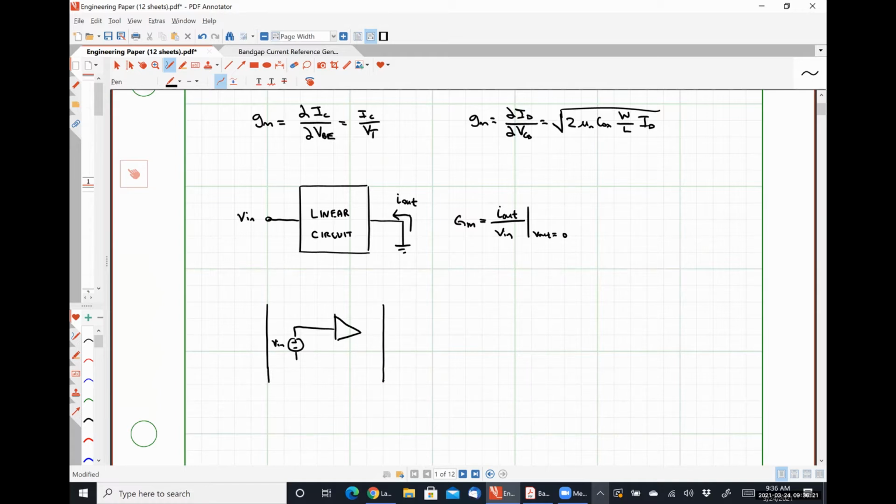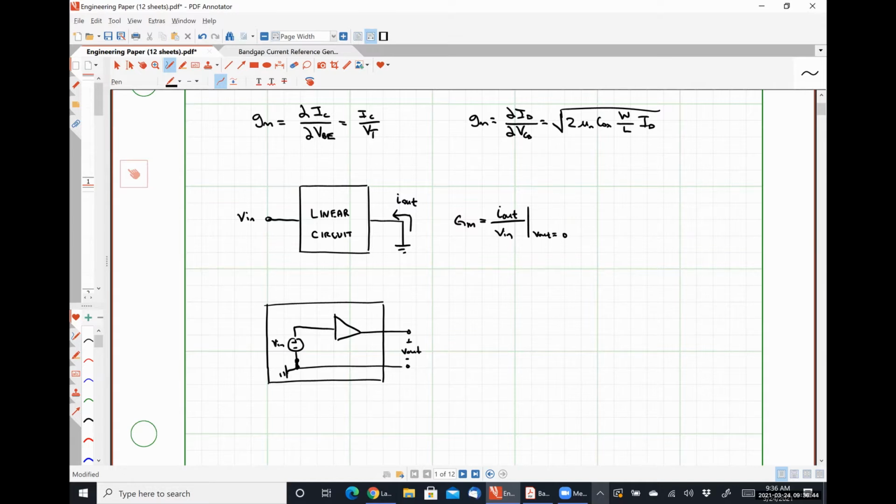Let's go ahead and go down to here. I'm going to put a node here, plus V out minus, and this node is ground.